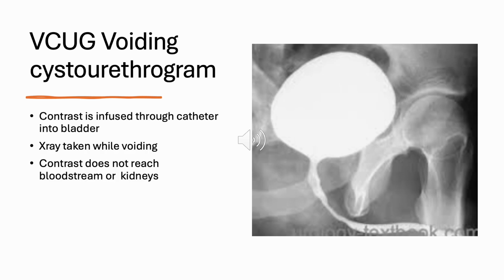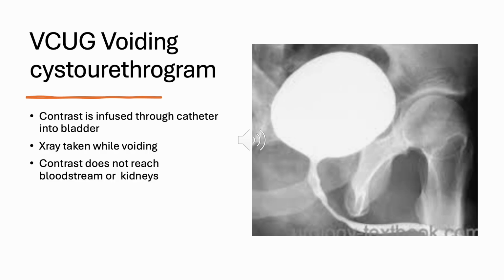The voiding cystourethrogram will be done in patients when they suspect reflux of urine from the bladder into the ureters. Contrast dye is infused through a straight catheter, and they fill up the bladder with contrast dye. Then they take the straight cath out, and while the patient is voiding, they take x-rays to see if there's reflux.